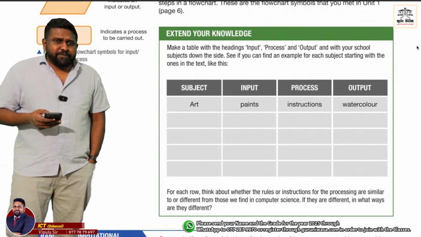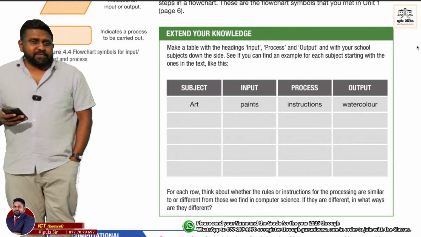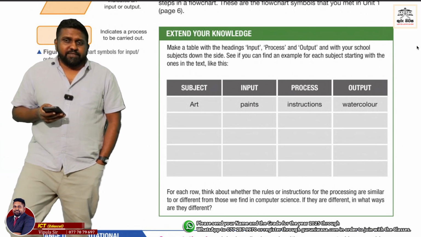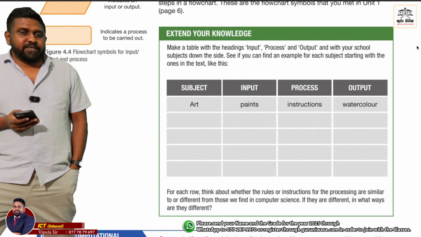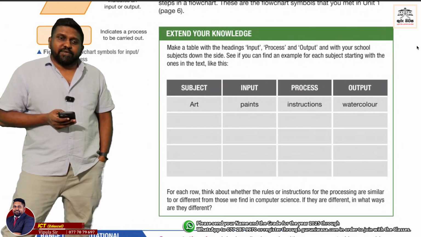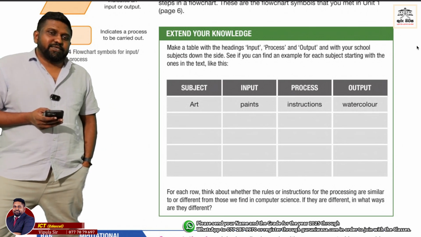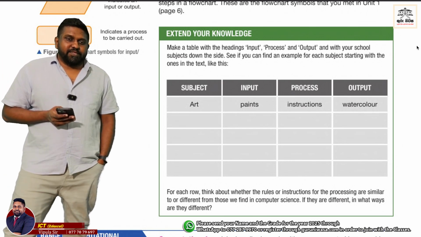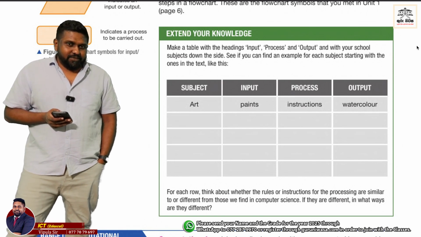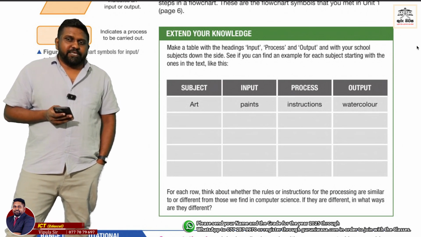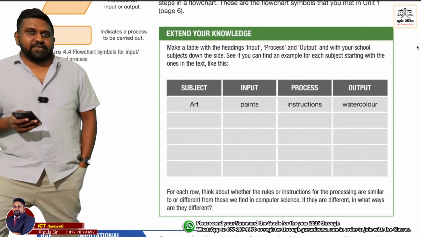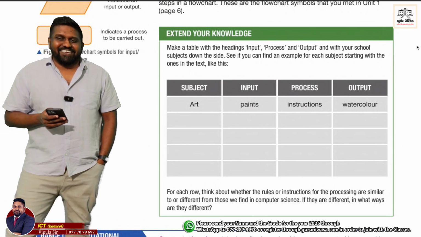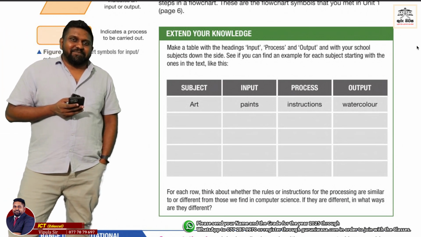See if you can find an example for each subject, starting with the ones in the text like this. So subject art: input is paints, process is instructions, and the output would be an art piece or a watercolor. Right?